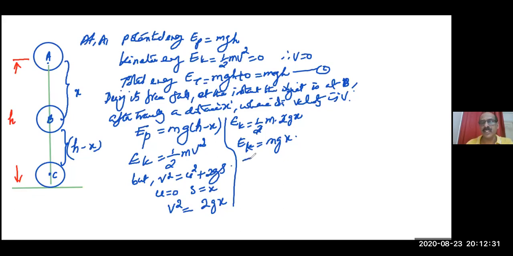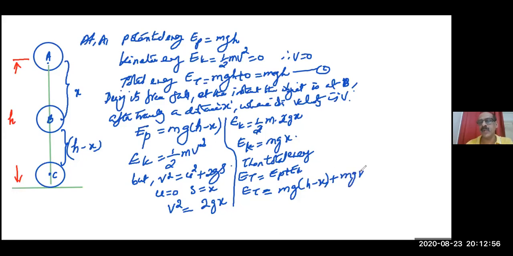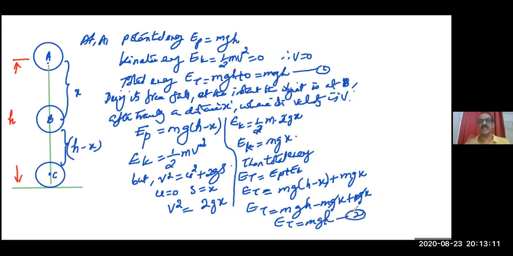Then total energy ET is equal to EP plus EK, which is mg(h minus x) plus mgx, which is mgh minus mgx plus mgx. Cancel. ET is equal to mgh. This is equation number 2.